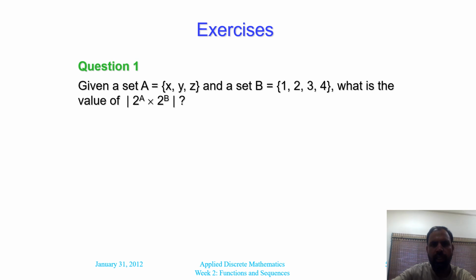Given a set A, I briefly explain the question for your easiness so that you can easily solve it at home. A is the set {x, y, z}, and set B is equal to {1, 2, 3, 4}. Now what is the value of the cardinality of 2^A cross 2^B?